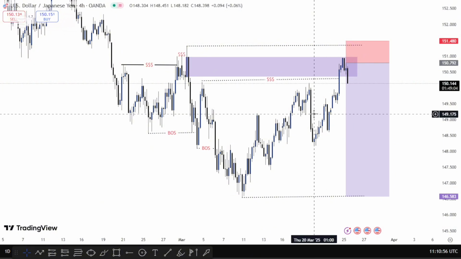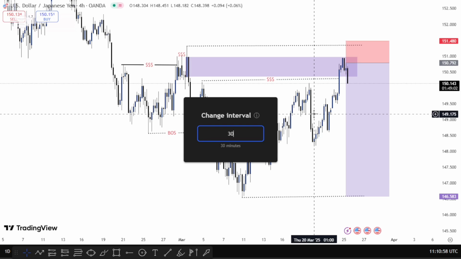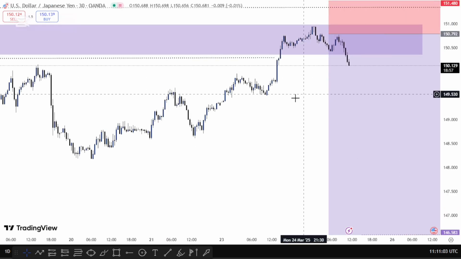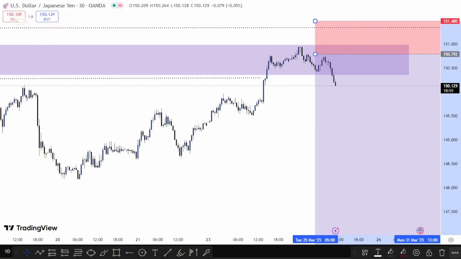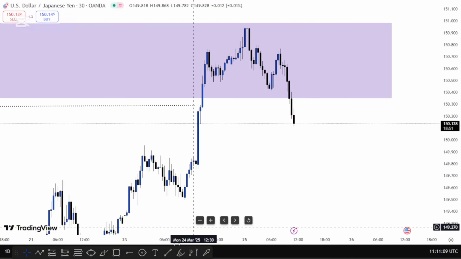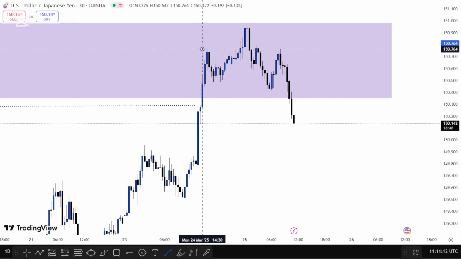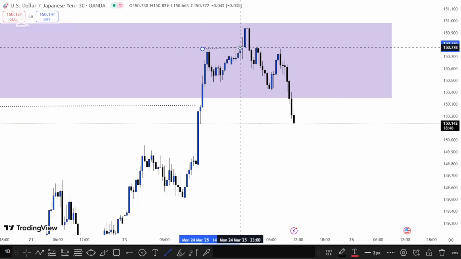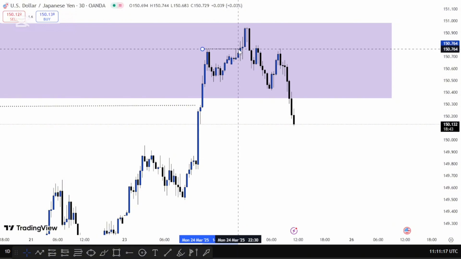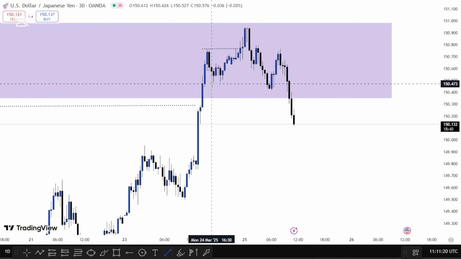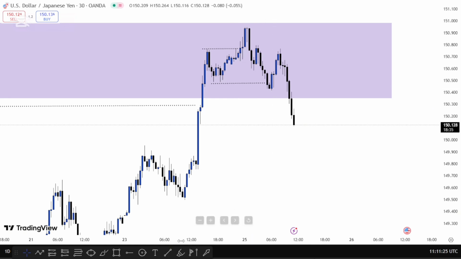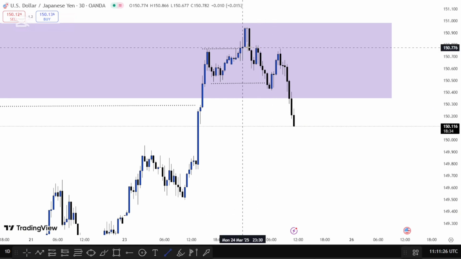So now let's go down to the 30 minutes time frame, fam. On the 30 minutes time frame, I'm actually still spotting another setup within this setup. So right here, I can clearly see there is a sweep of liquidity, and then I have a break of structure to the downside, and I have a pullback, which is my draw on liquidity point, but I'm not going to use that one.